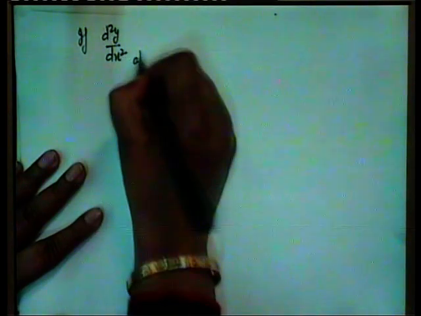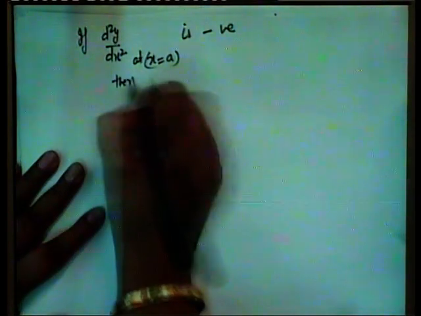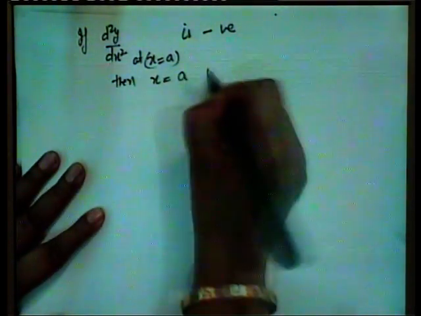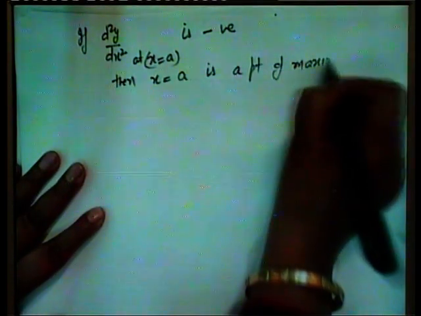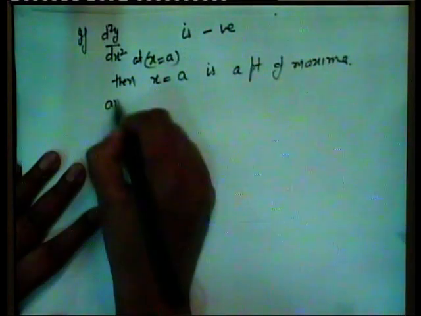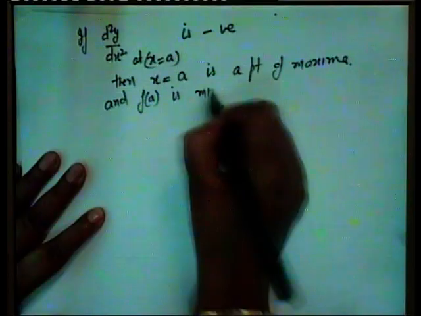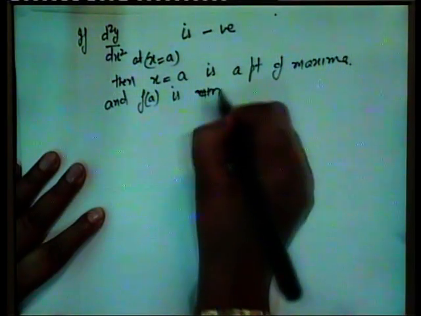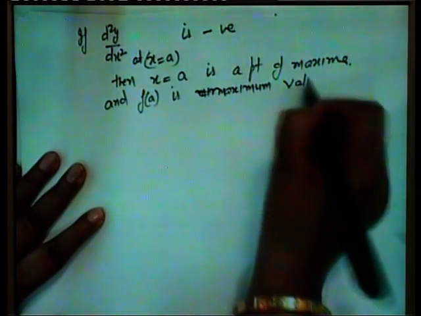If d2y by dx square at x is equal to a is negative, then x is equal to a is a point of maxima, and f(a) is the maximum value.